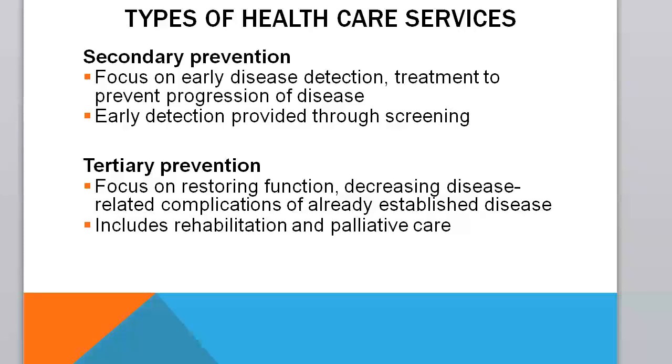So these would be a great way to make sure that you understand these three types of healthcare services. For instance, with primary prevention, we would educate individuals, families, and populations on topics such as the importance of nutrition, exercise, dental hygiene, prenatal care, immunizations, and smoking cessation. So that would be an example of primary prevention.